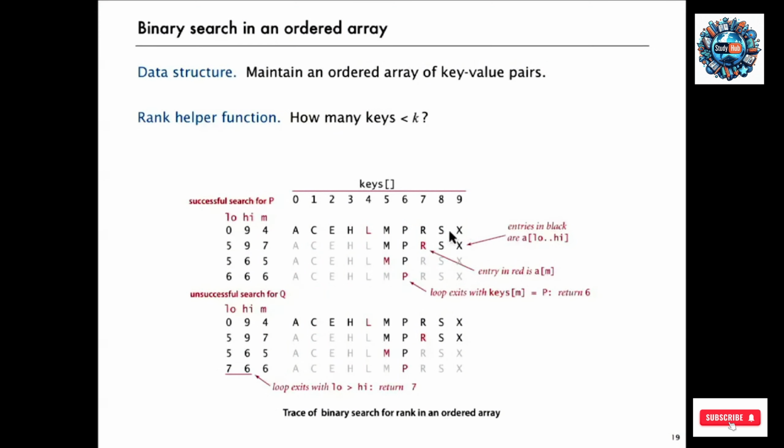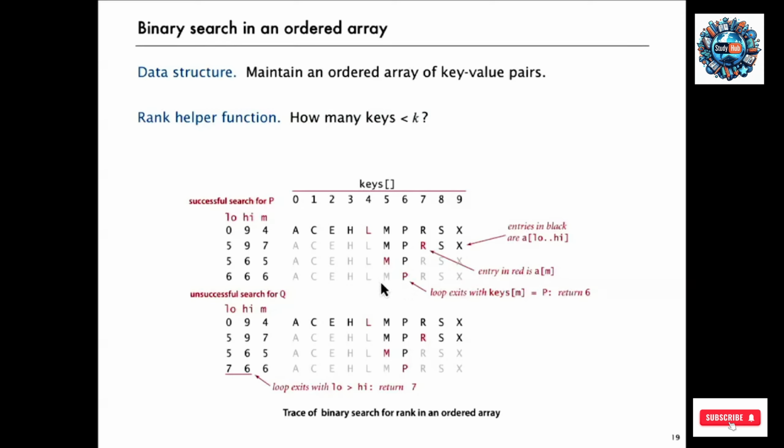The idea is to keep the array of keys in sorted order and then find the index associated with the key that we're searching for using binary search, and then use that index to get the value associated with that key that's stored in a parallel array.